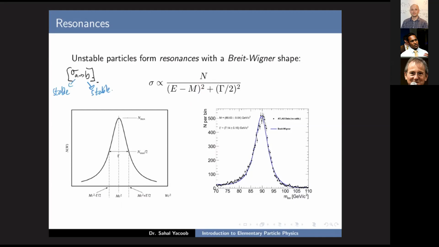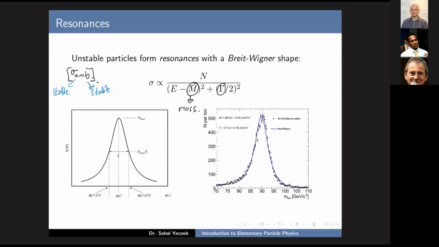So we have some new parameters in here. We've already spoken about gamma. This is the same gamma we've been talking about. It's the decay rate of the particle. This other new parameter we have is the mass of the particle.